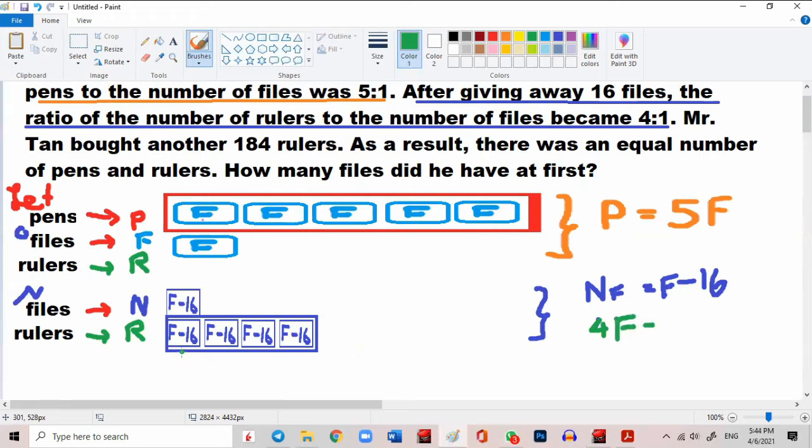Minus 16 one time, minus 16 two times, minus 16 three times, minus 16 four times, which is what? What is 16 times 4? Minus 16 times 4 will be minus 64. Yes, 4F minus 64. Understand? That is the situation of the ruler.